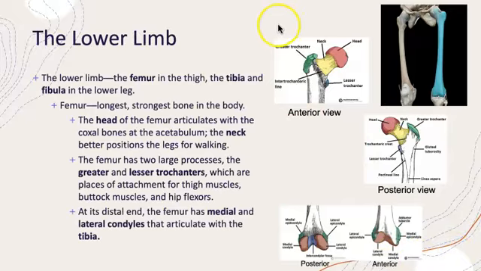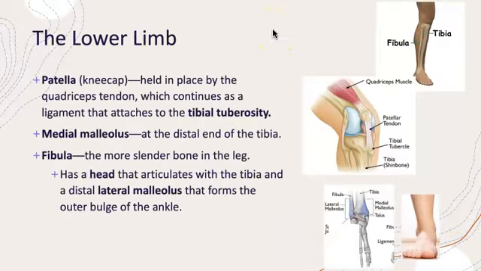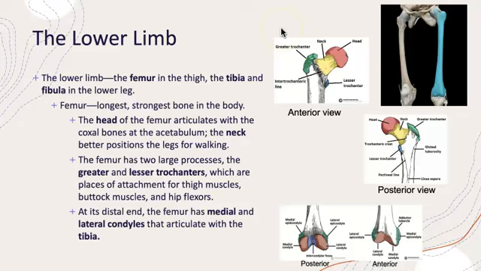Now moving further into the lower limb, we've got our femur, and we find this bone in our thigh. Below that, we'll talk about our leg, which has our tibia and our fibula. The femur is going to be our longest and strongest bone in the body, and the head here you can see is what I discussed articulating with the acetabulum.